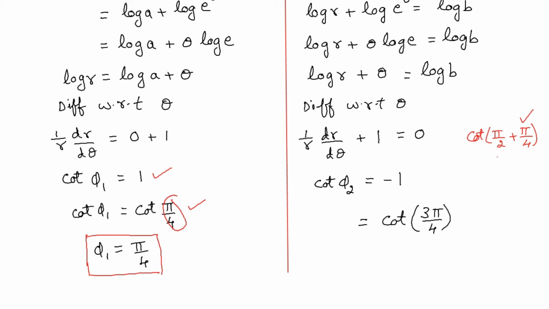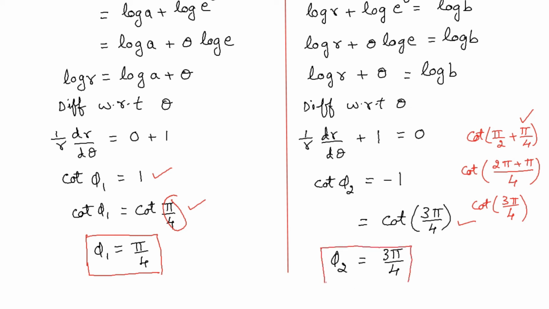If you simplify this, taking the LCM as 4, you get 2 pi plus pi over 4, which is nothing but cot of 3 pi by 4. So the value of phi 2 will be equal to 3 pi by 4. Hence we got the second value, phi 2, equal to 3 pi by 4.